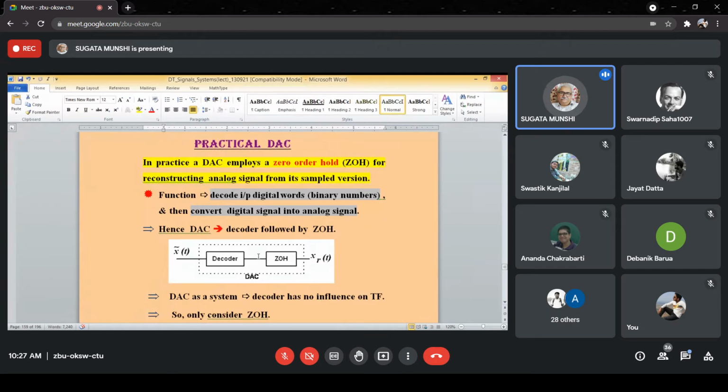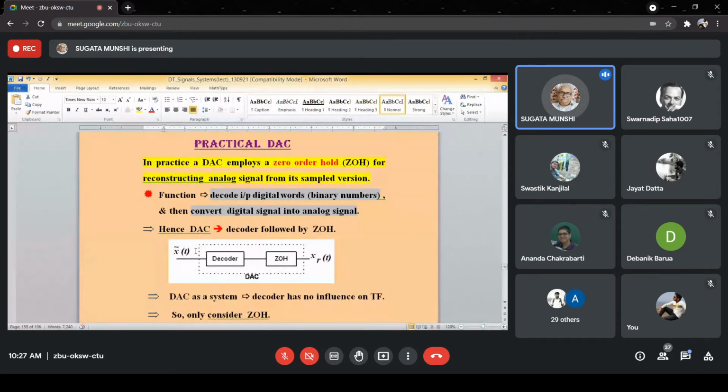It's not like that. But the DAC as a whole performs these two tasks. For the sake of convenience, I have just segregated them as if there is a decoder followed by a zero order hold. But both decoding and zero order holding are intrinsic in the DAC.